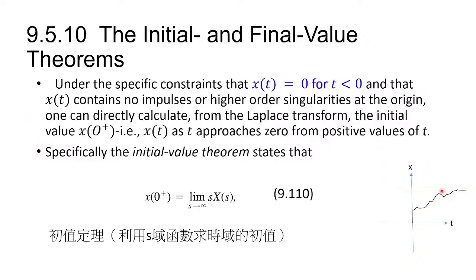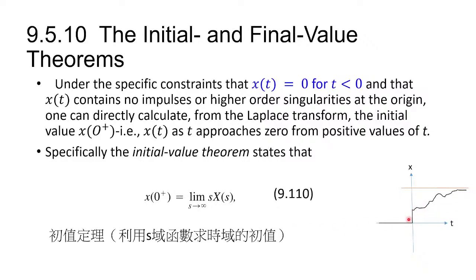So what is the value of x of t when you are approaching from the positive t side? We are thinking of x as a function that should be pretty nice when t is bigger than 0, but it jumps up at 0.